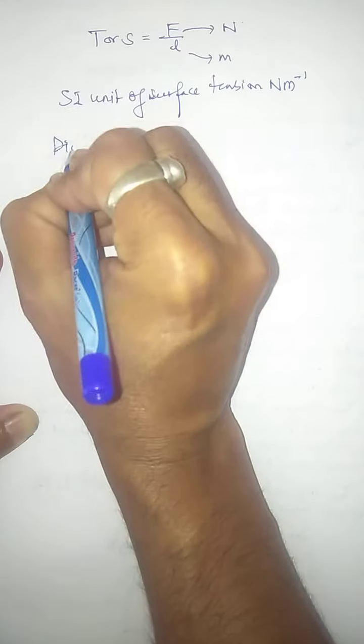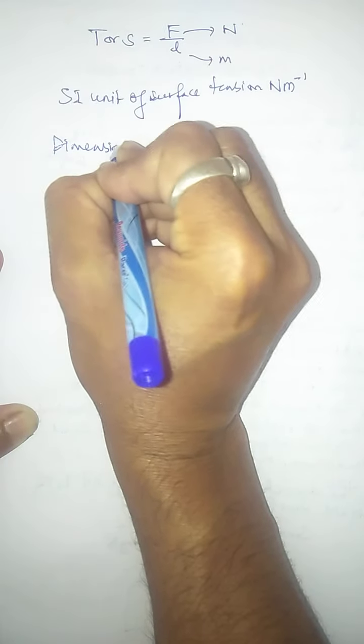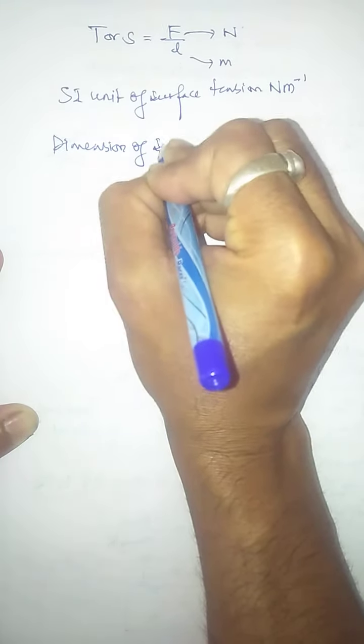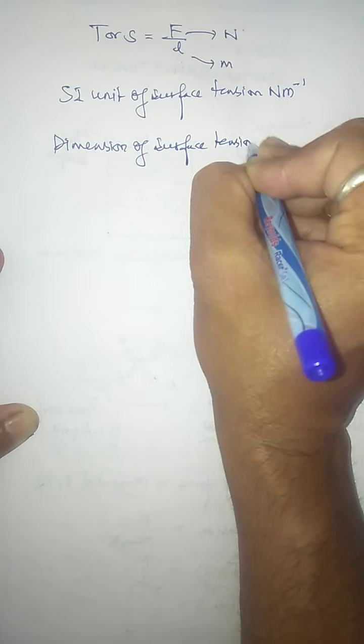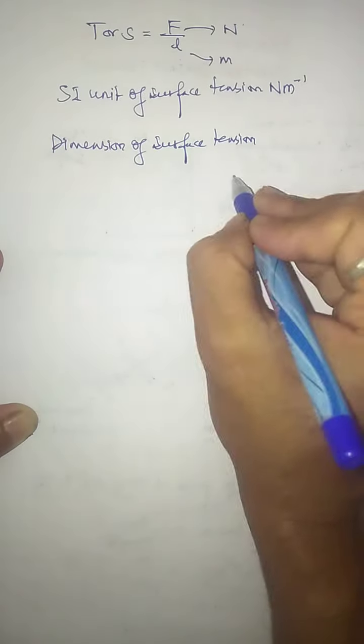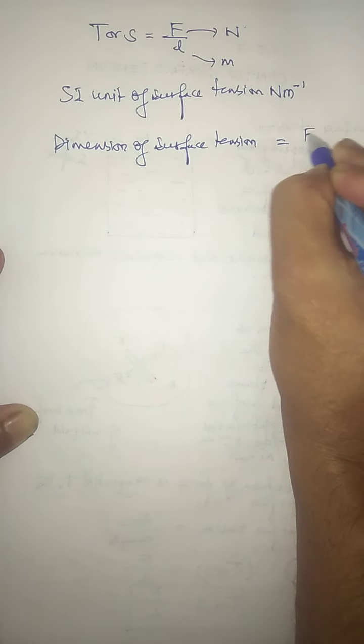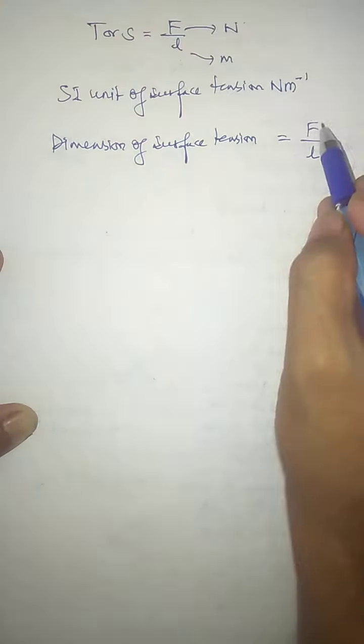So after writing the SI unit, children, we can even write the dimensional formula, or simply call it the dimension of surface tension. Yes, because you will sometimes be asked to write the dimension of surface tension. Now the dimension can be written easily from the relation of surface tension, that is F by L, because surface tension means force per unit length.